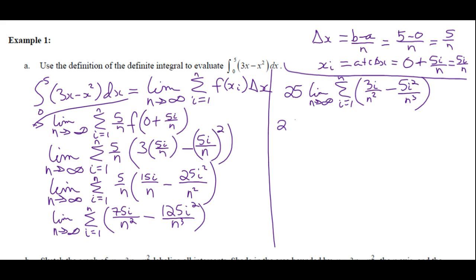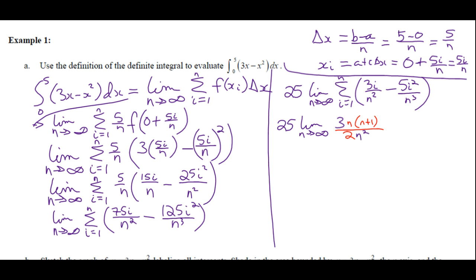So we get 25 times the limit as n approaches infinity. And now we're going to do the summing up. So we get 3, and the i is replaced by n times n plus 1 over 2, and then there's the n squared.